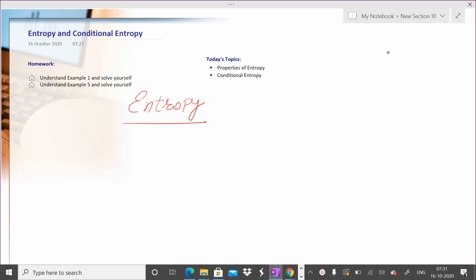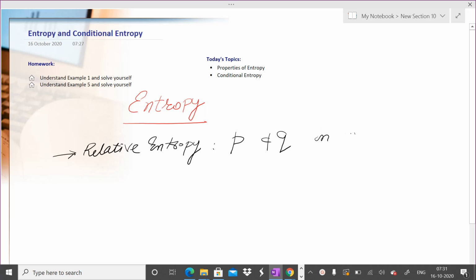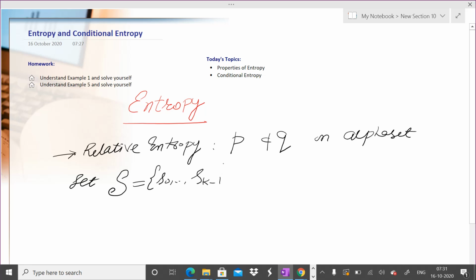As in the previous class, we had defined relative entropy between two distributions, suppose P and Q, on an alphabet set S equal to S0 to Sk minus 1.